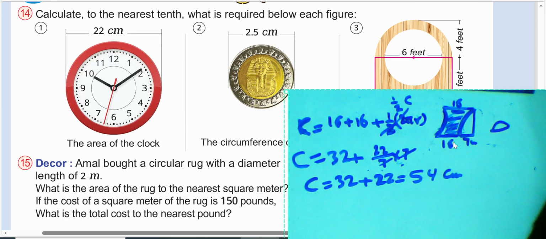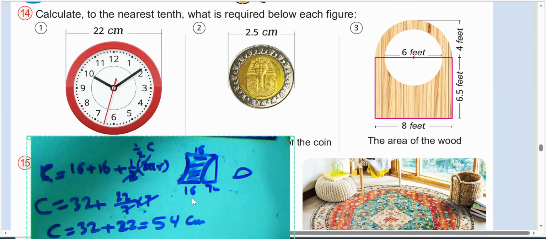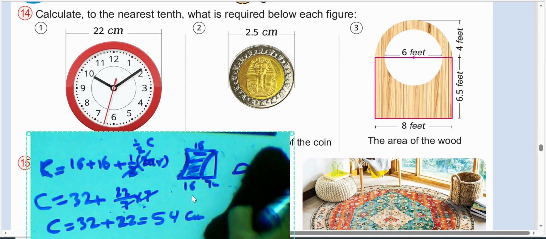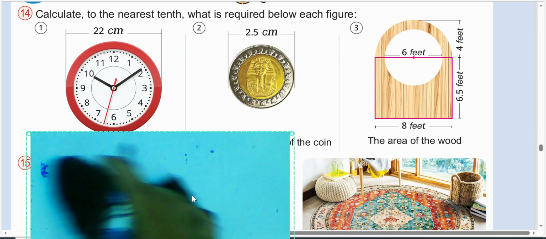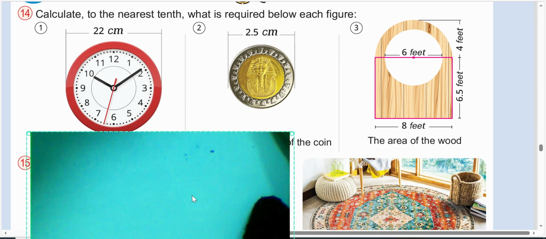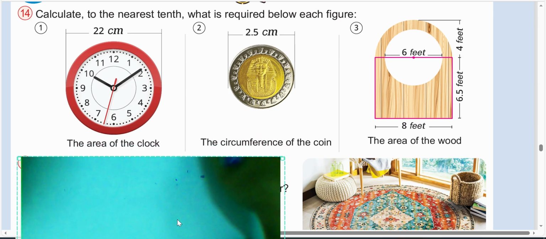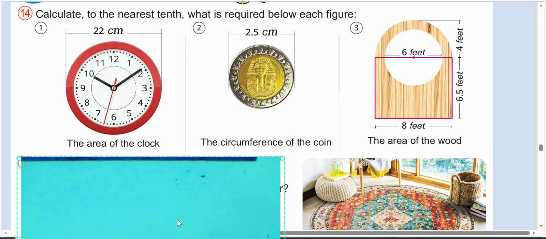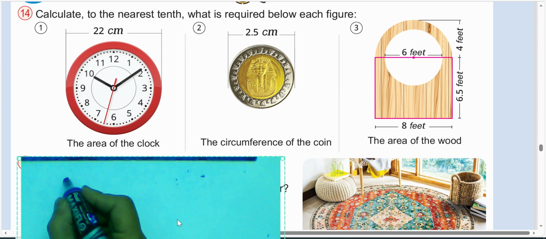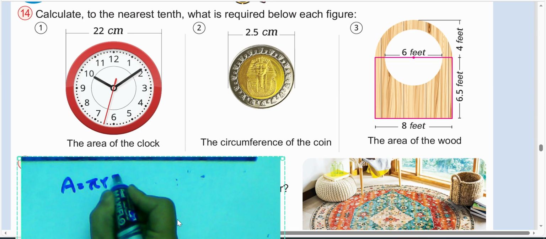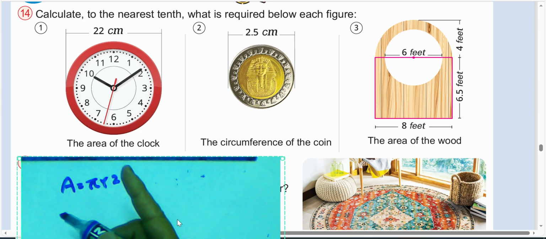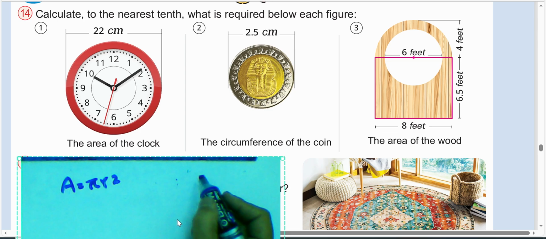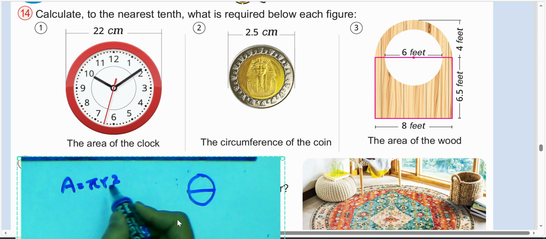Next question, calculate to the nearest tenth. Okay, look at the question down here. Area of the clock. The area equals pi r power 2. He gives me the diameter 22, then the radius will be 11.